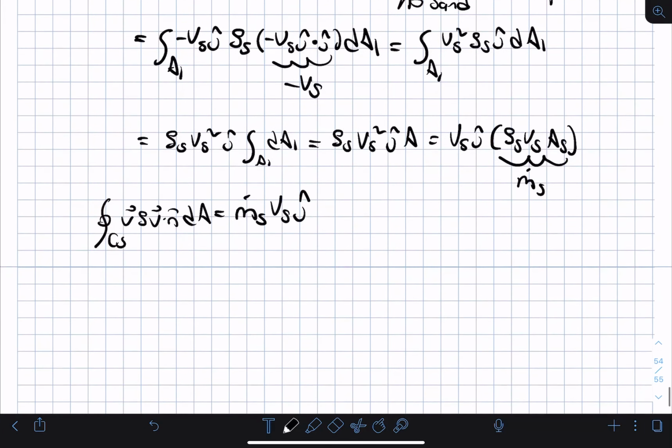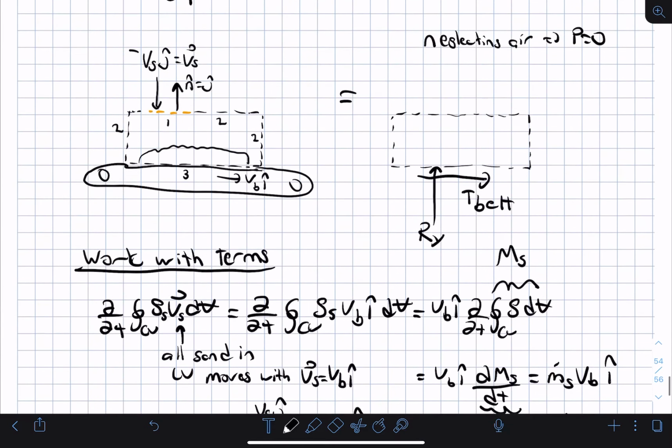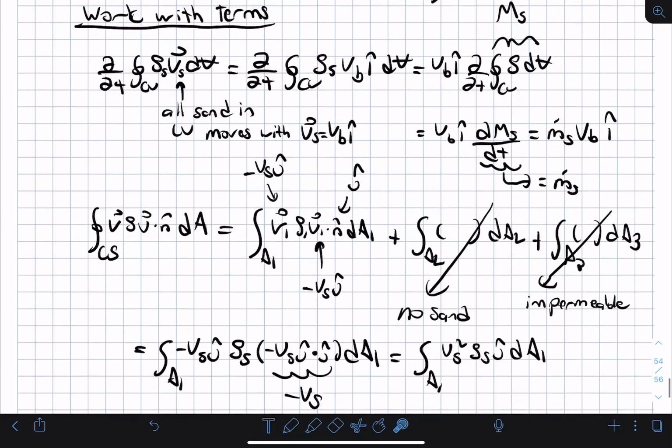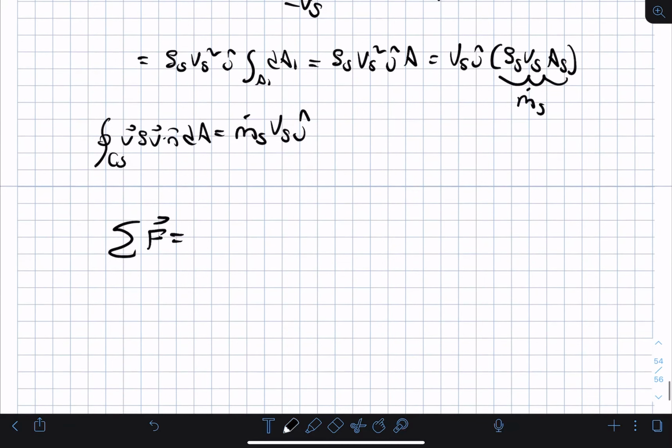Okay, so now we know all of the nasty integral terms here. Now on the free body diagram, we do need to find the sum of the forces, and we can just find that by inspection. We just have the belt tension in the i hat direction and the reaction force in the j hat direction. So the sum of the forces is equal to the belt tension i hat plus the reaction force R_y j hat. Okay, so now we can put all the pieces together.